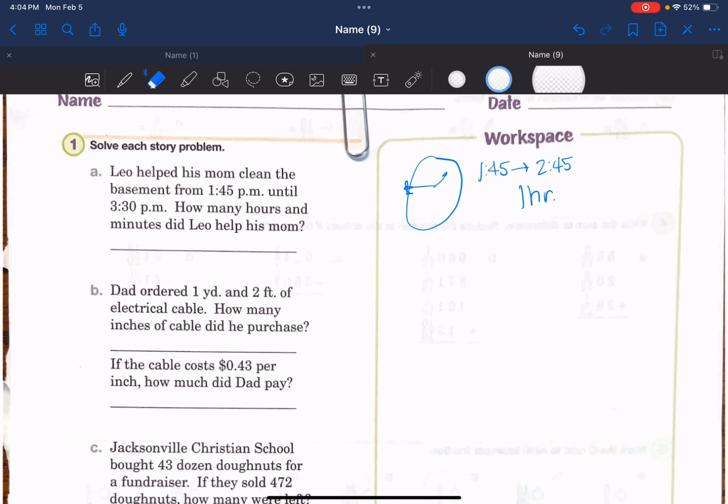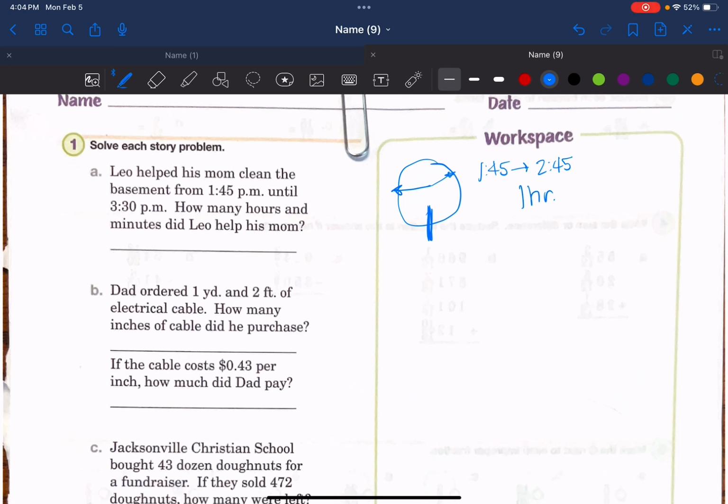Now on your clock, or in your clock in your mind, or if you're looking at a clock, now you are at 2:45, okay? So now what you need to do is count from 2:45 until you get to 3:30. So as soon as we go 15 more minutes, we're going to get to 3 o'clock.